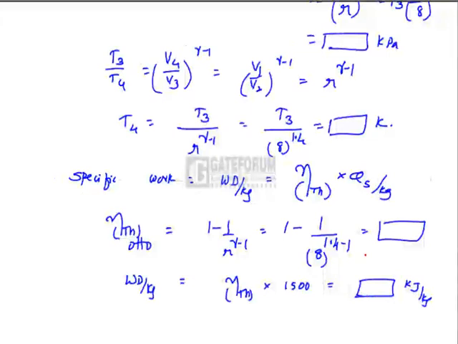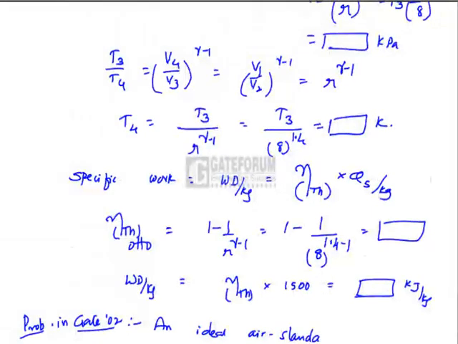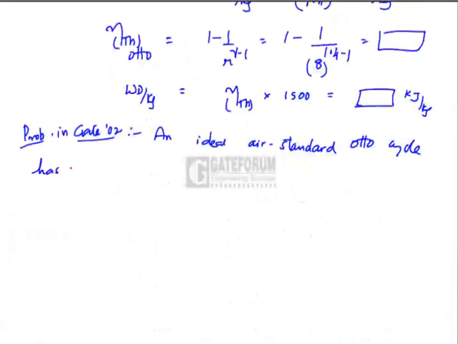Now let us consider another problem, an objective question given in GATE 02. An ideal air standard Otto cycle has a compression ratio of 5.